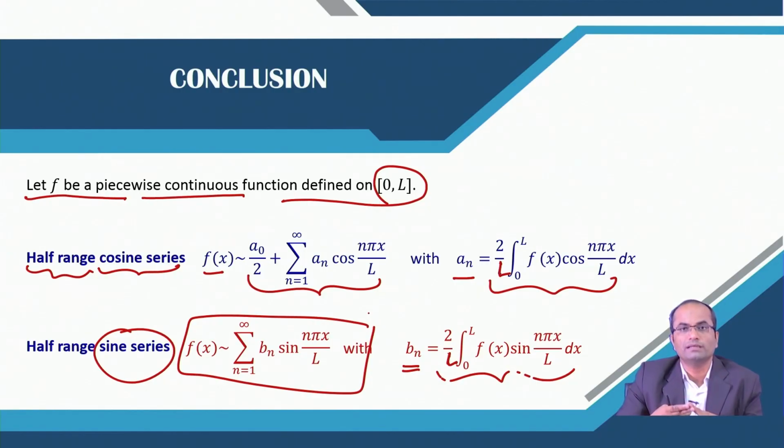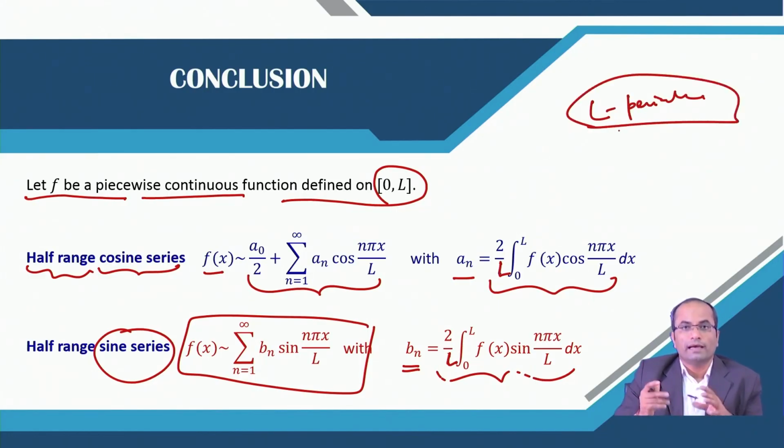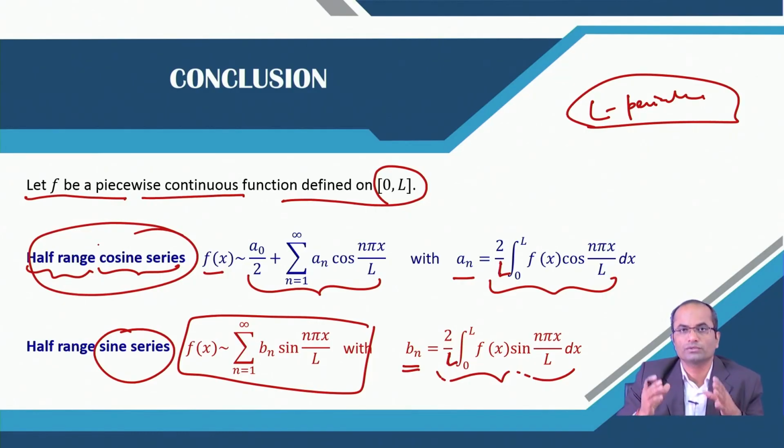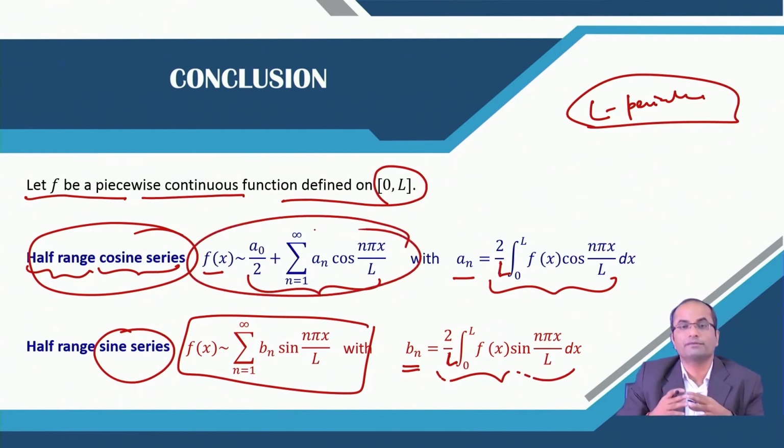Given a function in the range 0 to L, we can construct its Fourier series, which in general will have both sine and cosine terms, and the Fourier series will converge to an L periodic function, and exactly this period will be defined by the given function on 0 to L. Now, for the half range series, if we want the cosine series, then it will converge to the periodic function having period 2L, because in one period the function will be defined from minus L to L, and from minus L to 0 it will have the even extension, then only we will get this half range cosine series.